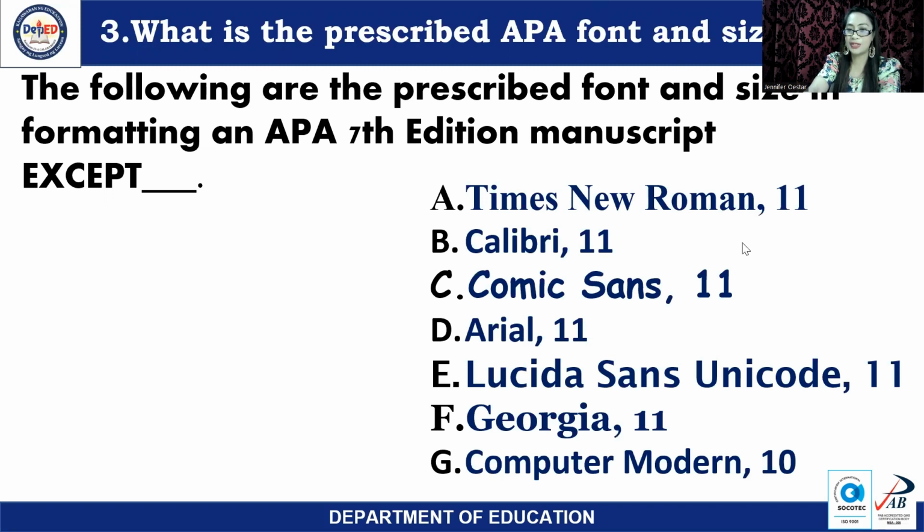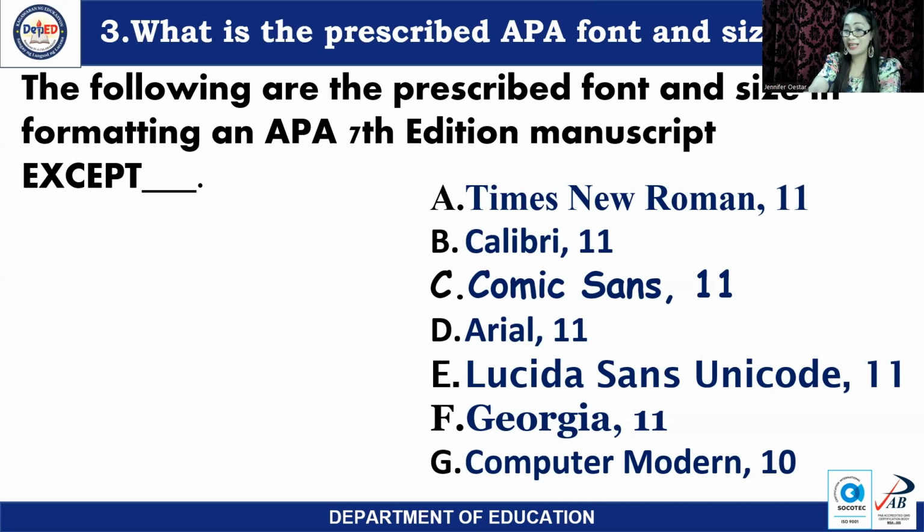So here are our choices. A Times New Roman 11, B Calibri 11, C Comic Sans 11, D Arial 11, E Lucida Sans Unicode 11, F Georgia 11, G Computer Modern 10. You are given 5 seconds as well.